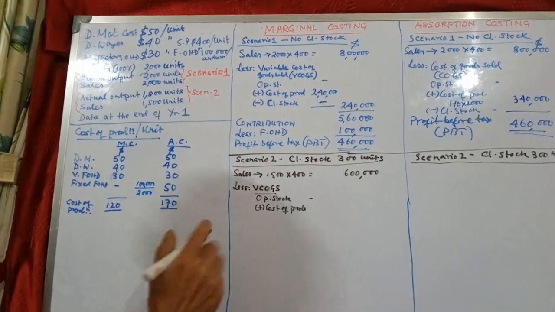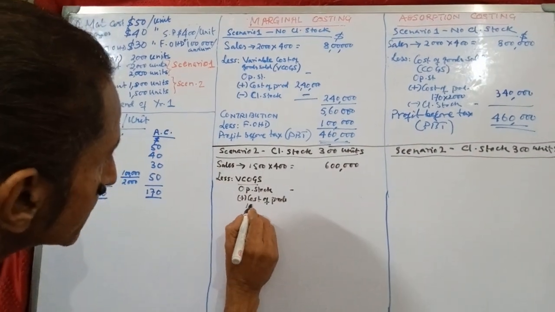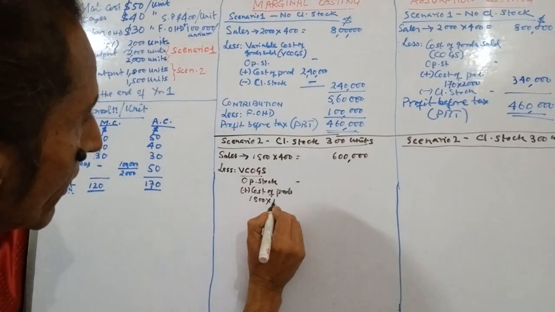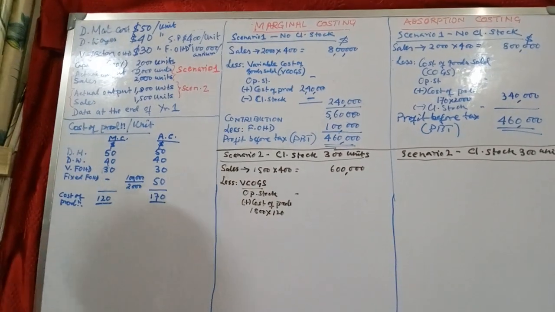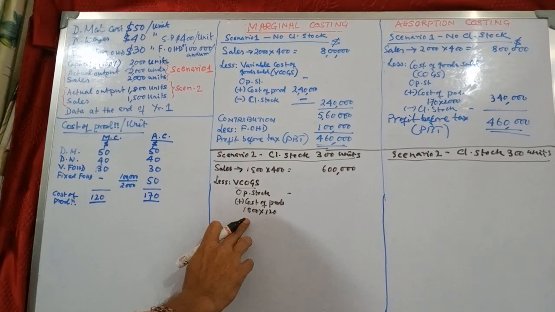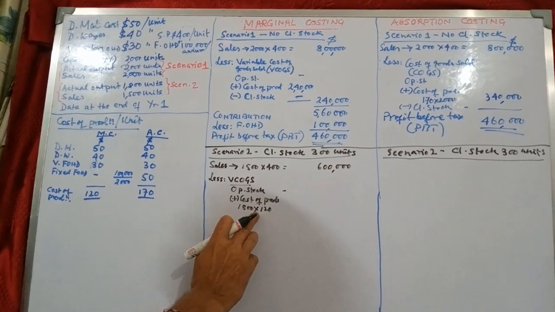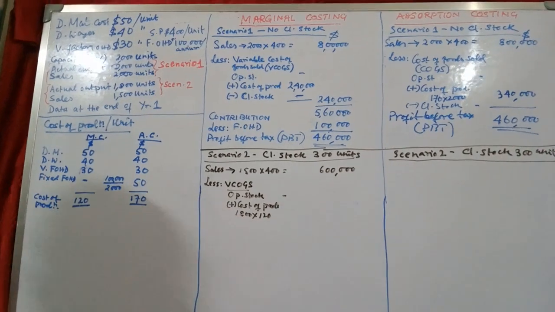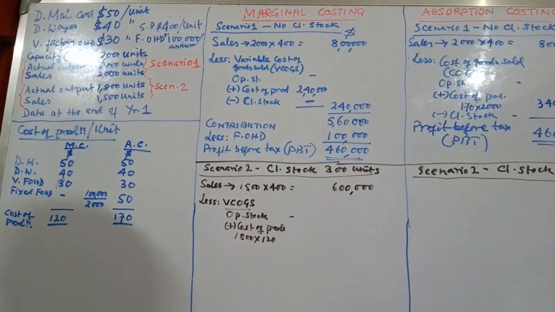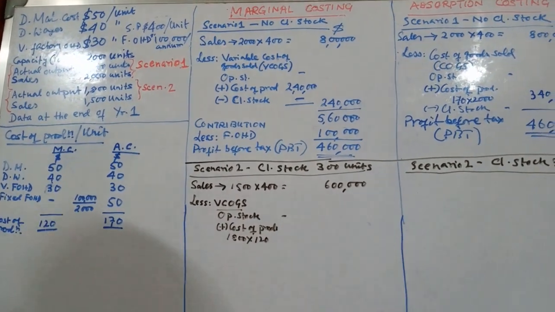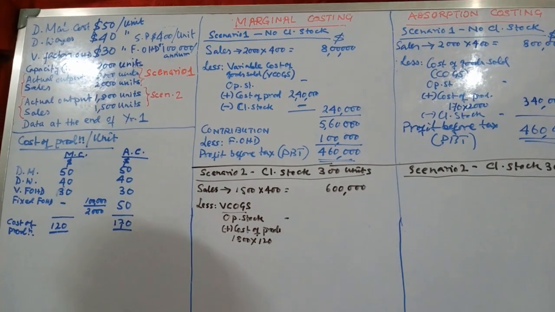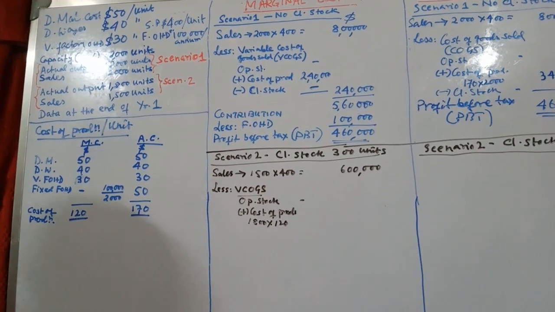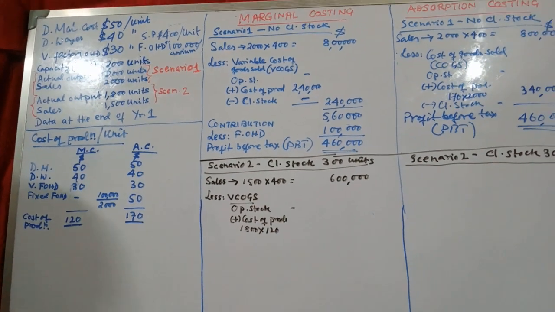So cost of production is 1800 into 120, number of units produced multiplied by cost of production per unit. So 1800 into 120. So we get 216,000.